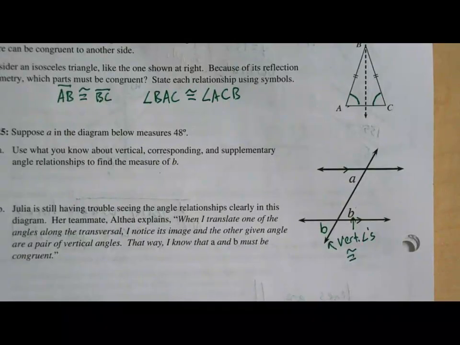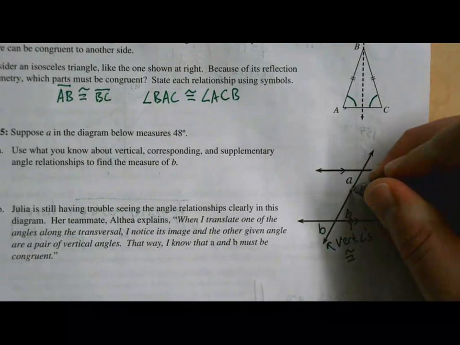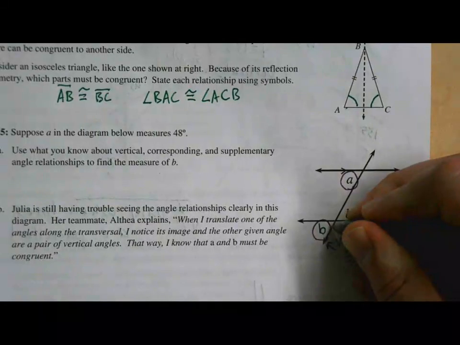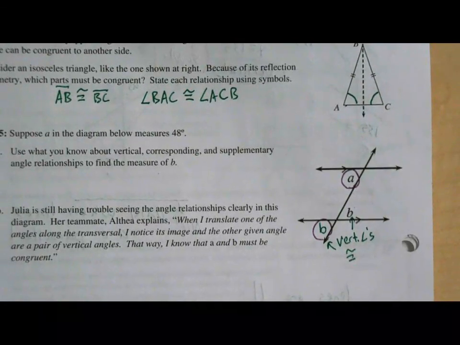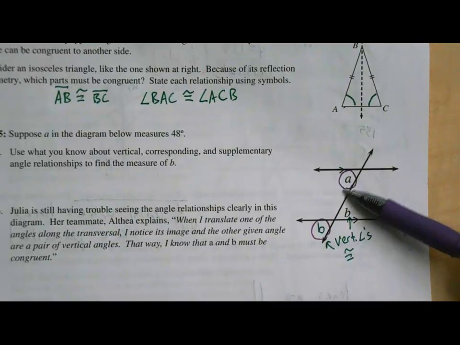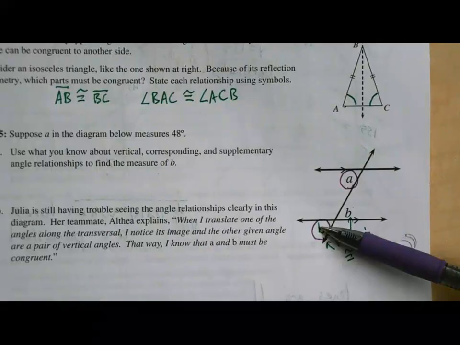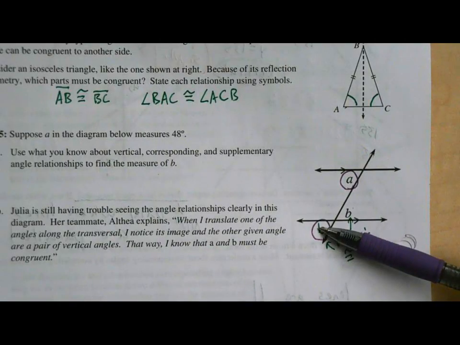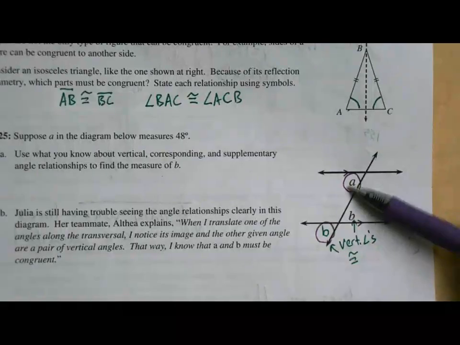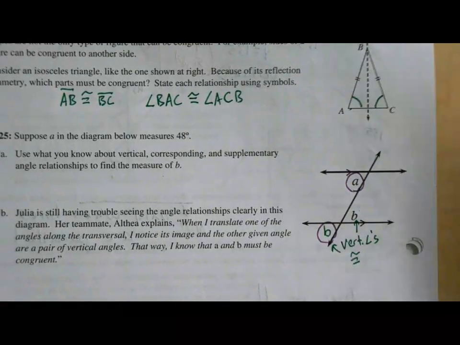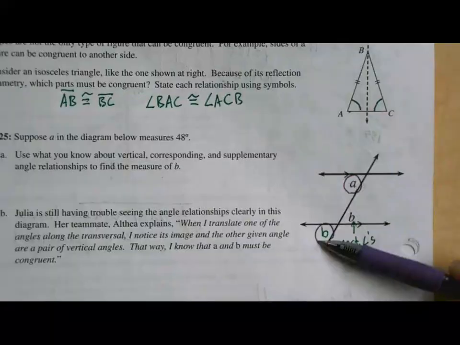Now I think I can say something about A and B, because this is a special pair of angles right here. What do we call those angles where if I take one and I slide it down the transversal, it matches up? Those are corresponding angles. Corresponding angles are found by doing a translation right down the transversal, which is why they call it a transversal. But it matches up.